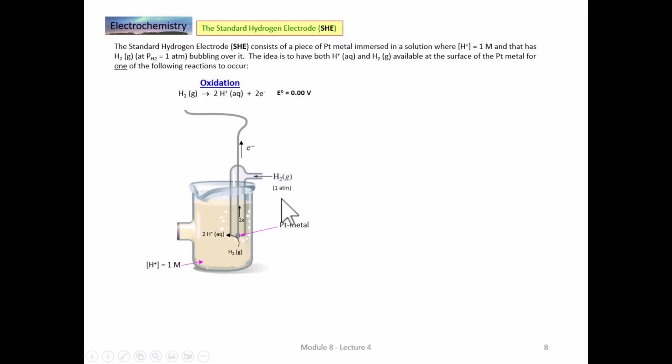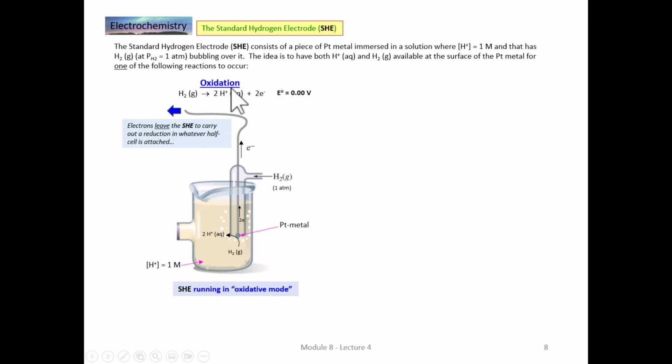If our half cell is running in oxidative mode, what we have here is hydrogen gas being oxidized to hydrogen ions and 2 electrons, electrons leaving the half cell and going to carry out a reduction in an attached half cell. Again, this would be the standard hydrogen electrode running in what I call oxidative mode.